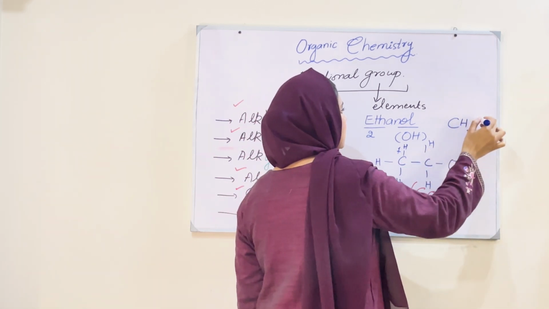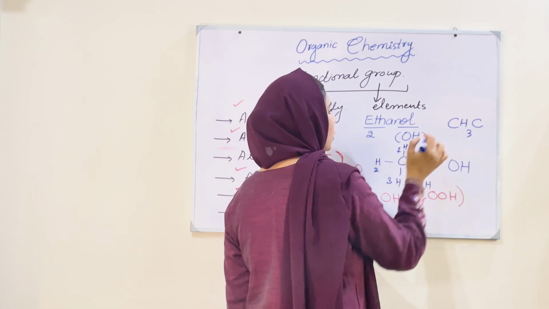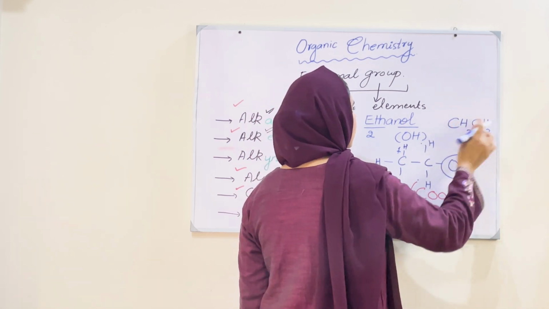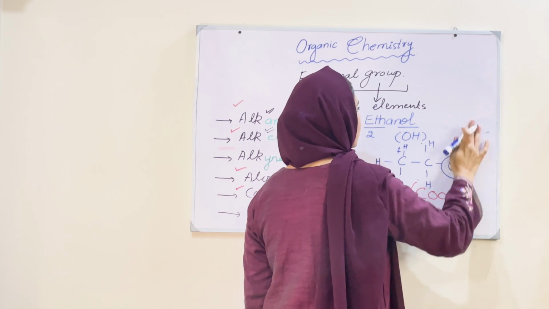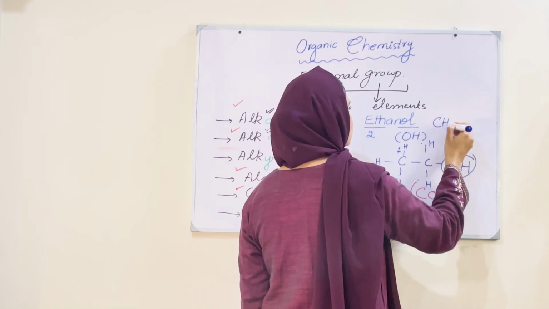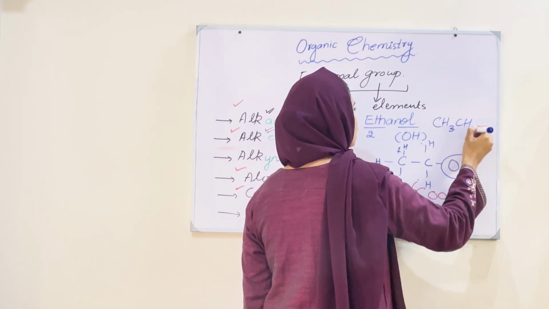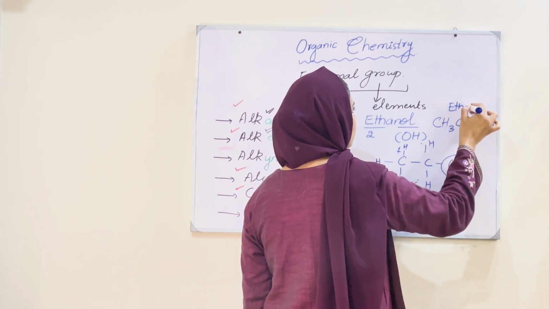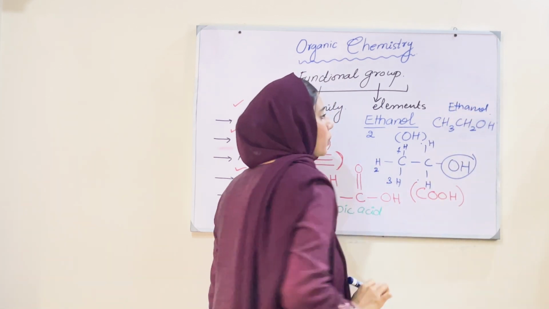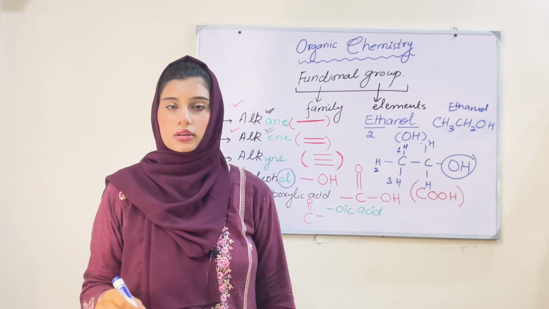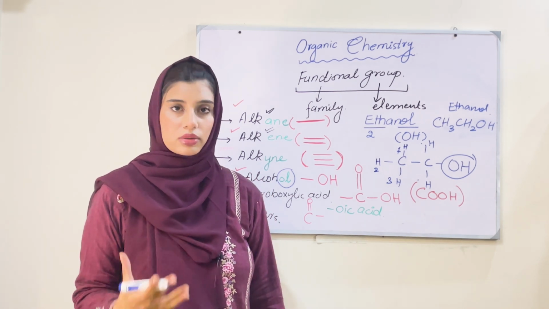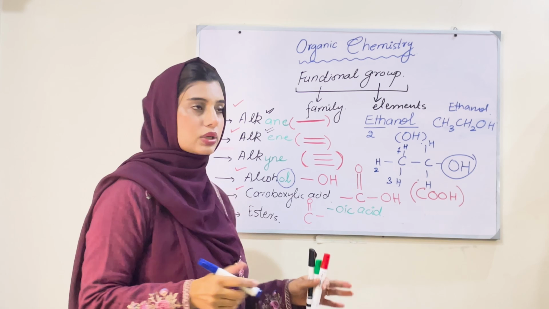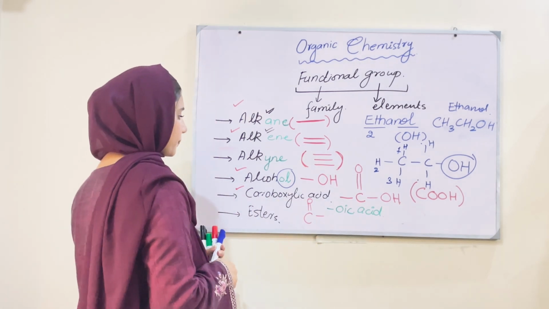Now this carbon has 2 hydrogens, CH2, and now this one we will represent with the OH. CH3CH2OH. This is ethanol. This is how we represent the compounds by their functional groups, and prefixes tell us how many carbons will be present in that.